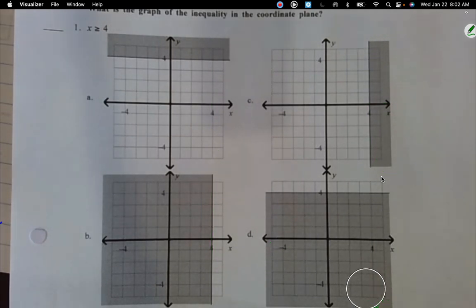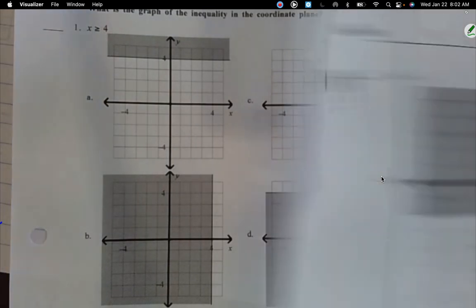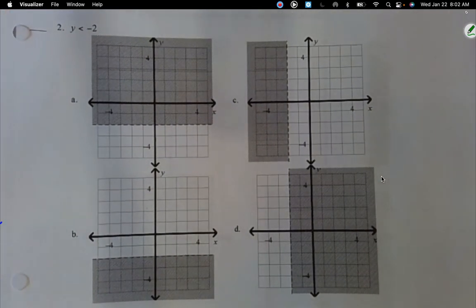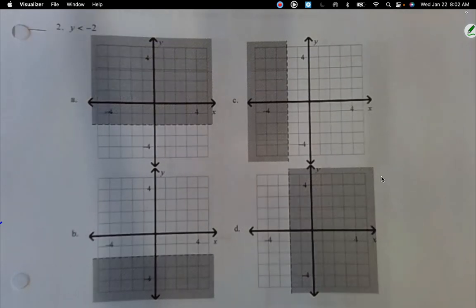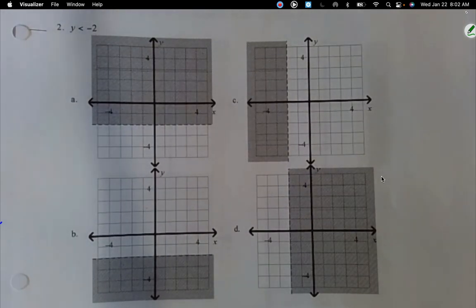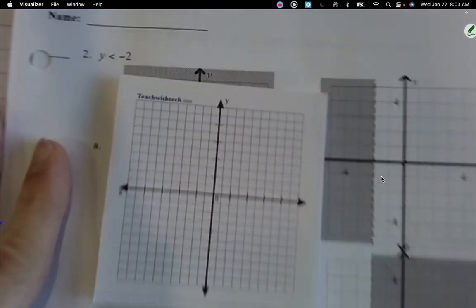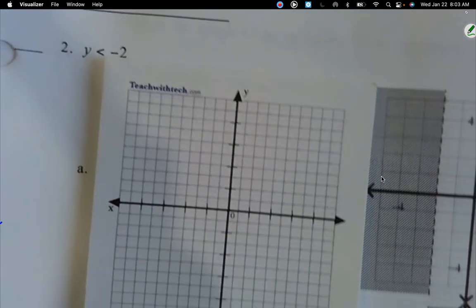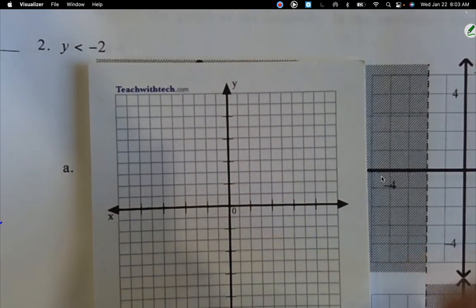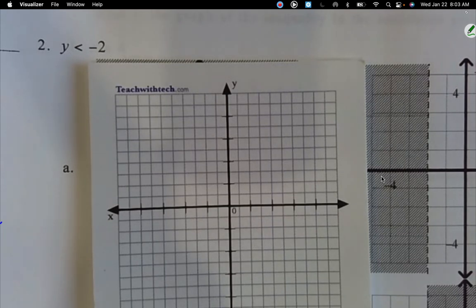Let's look at this one. Oh, this one is multiple choice. I'll just cover up my answer choices. It says y is less than -2. Dotted or solid line? Dotted. Already know that. If you don't remember it, try and look and write that down at first.